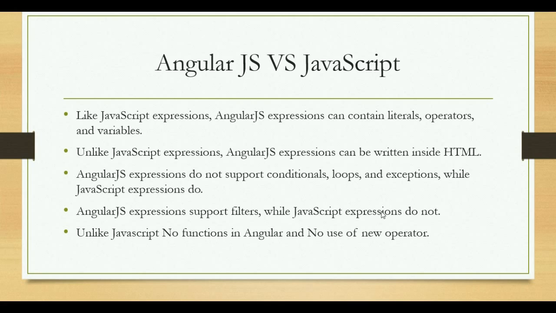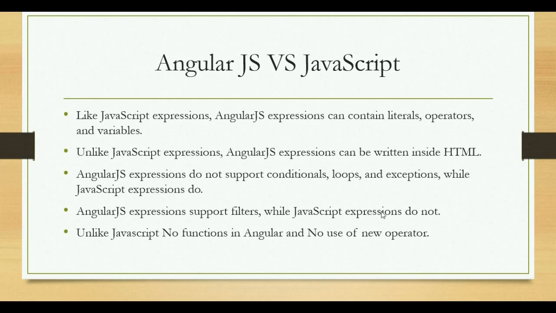The filters include date filters, date format, and other filters like currency filters, and a lot of 7 or 8 types of filters are there for AngularJS, but in JavaScript you do not have any filters. And about filters, we're going to be discussing that in our upcoming videos shortly, and I will explain it briefly.